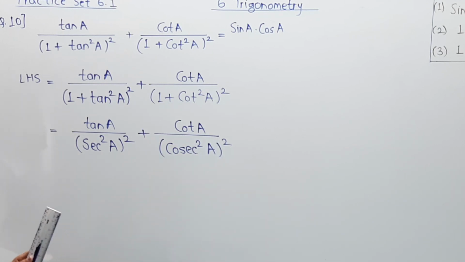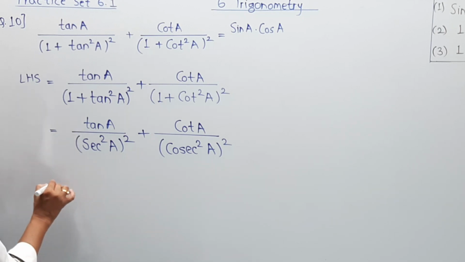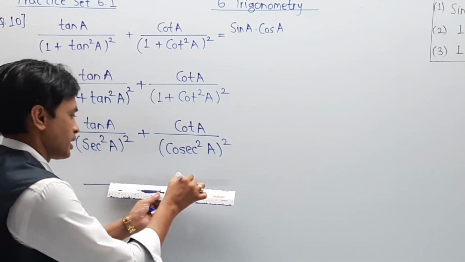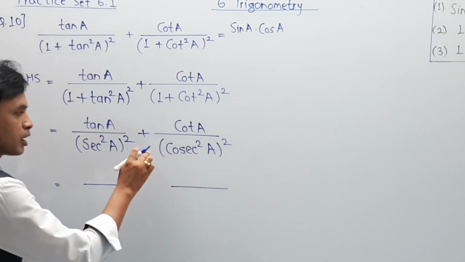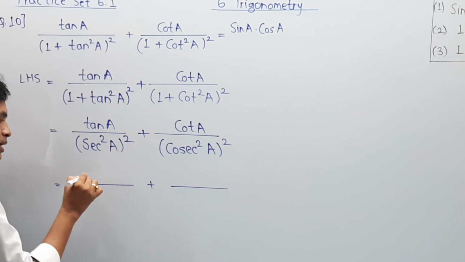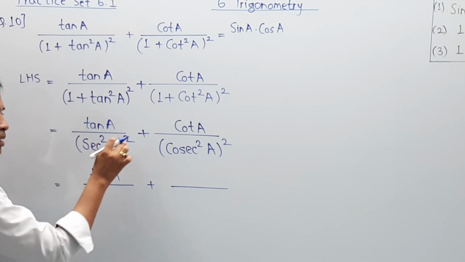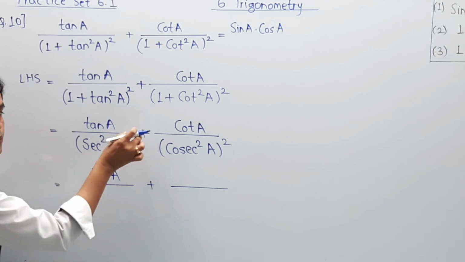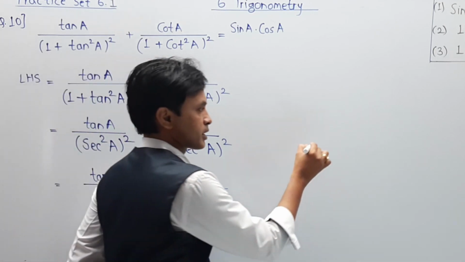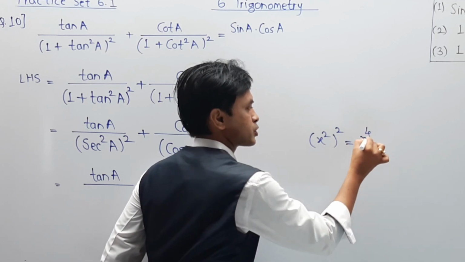Now the next step is the simplification of that part. They have given this term in the form of bracket square, so tan A as usual upon sec square A bracket square. Just like x square bracket square, we write it as x raised to 4.